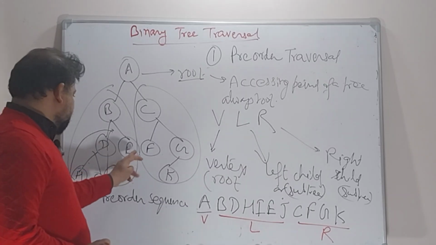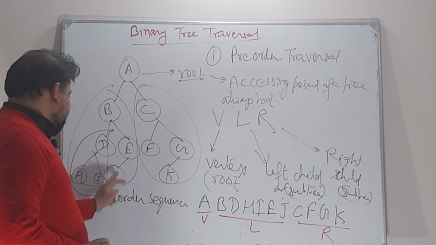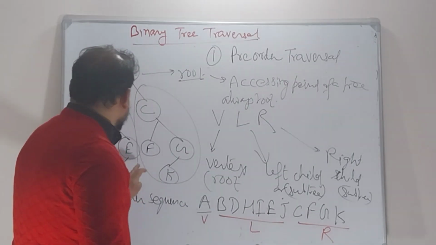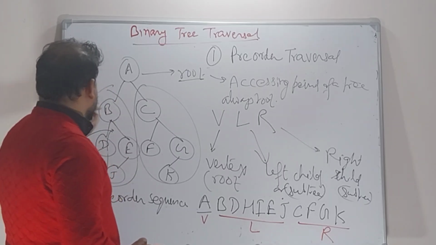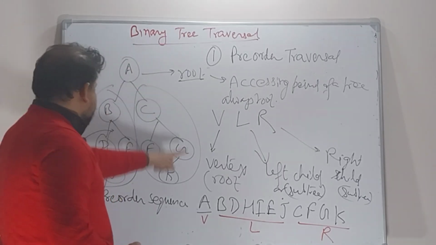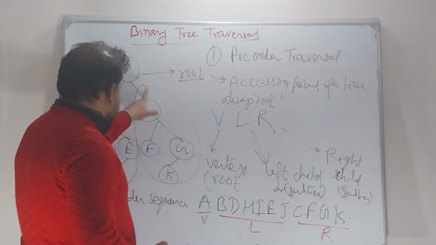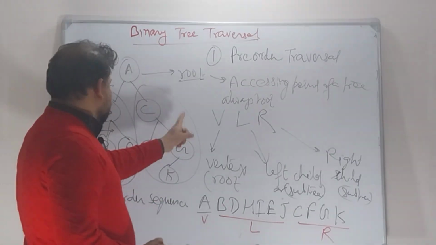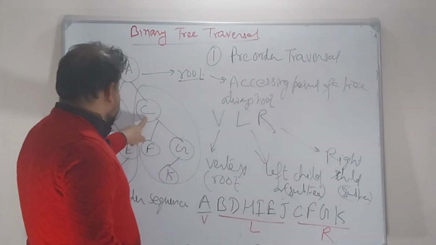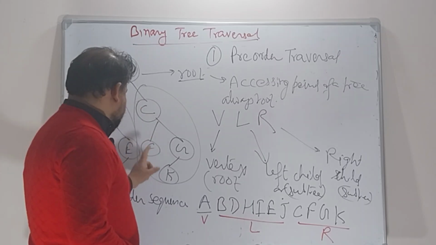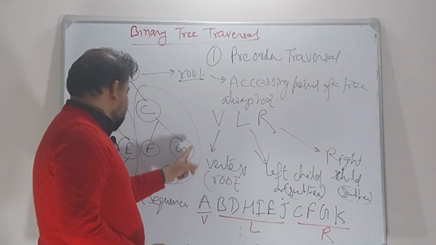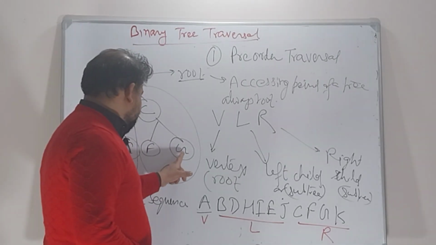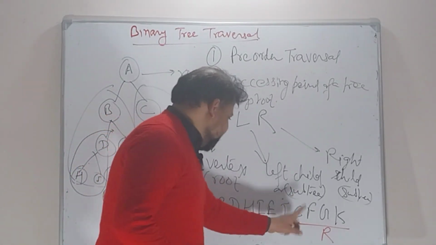Once again it is a root, then the left; the right is nothing, so leave that. That is the complete left subtree of A, and then I'll come to the right side. Repeatedly I'll do VLR: then C, then left F, and in the right side repeatedly the vertex and left, so G and K. That is the sequence.